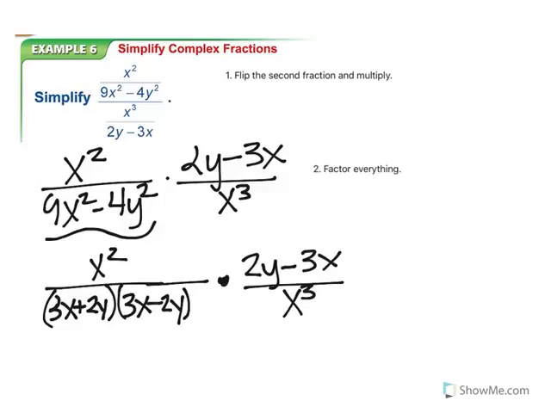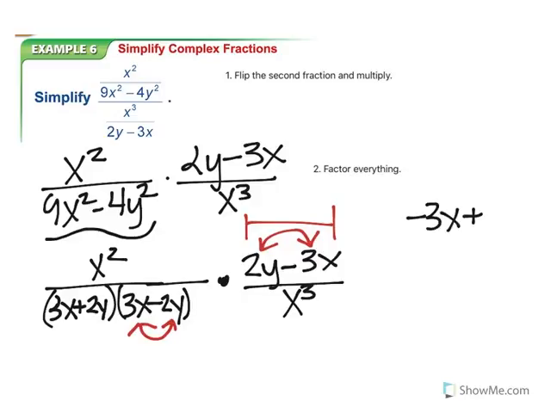Now we have to look for factors that we can eliminate. The problem is we can't just eliminate one of these factors because they're not the exact same. We have to flip this second fraction around and factor out a negative 1 in order to make it look like 3x minus 2y, or else you can't cancel it.